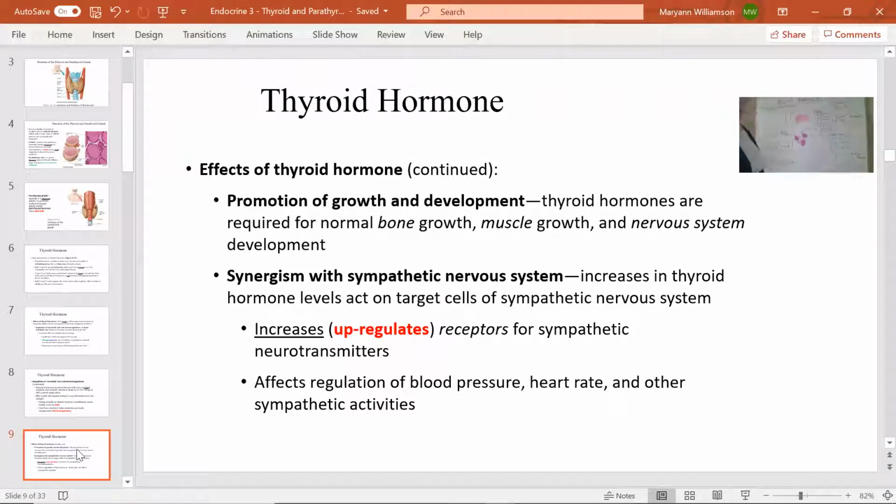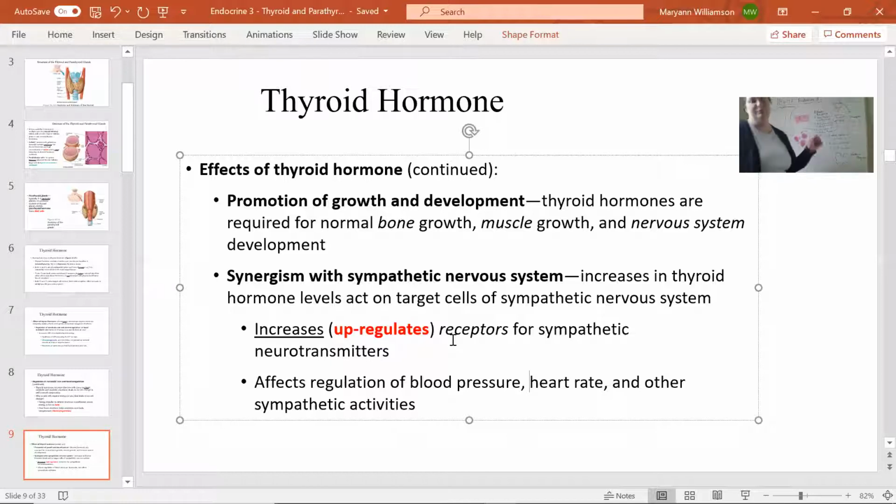And how about promotion of growth and development and synergism? What does synergism mean? Acting together with the sympathetic nervous system. So it's going to increase or upregulate. Remember that term from video 1? Upregulate receptors for sympathetic neurotransmitters.